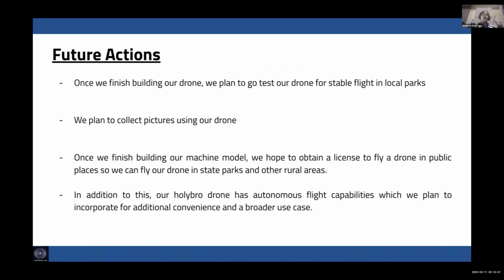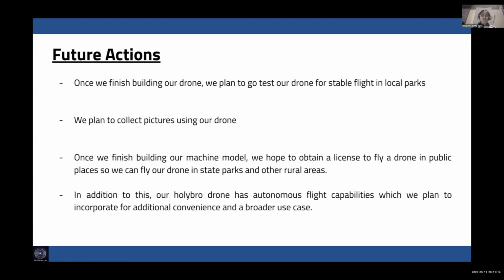Once we get our drone into flight, we want to collect more pictures for our data sets, as that will definitely help us add to our collection. And once we finish building our machine models, we hope to obtain a license to fly drones in public places so we can fly our drone in state parks and other rural areas where we can check the true capacity and if it actually works.